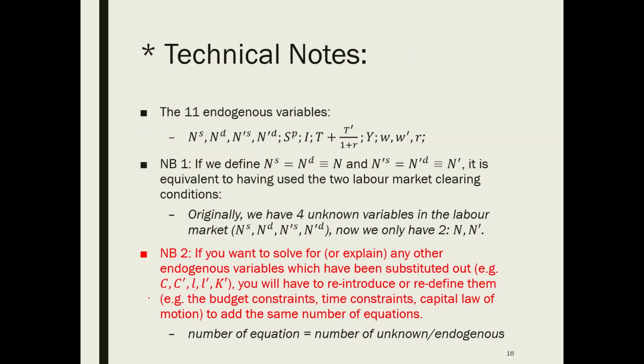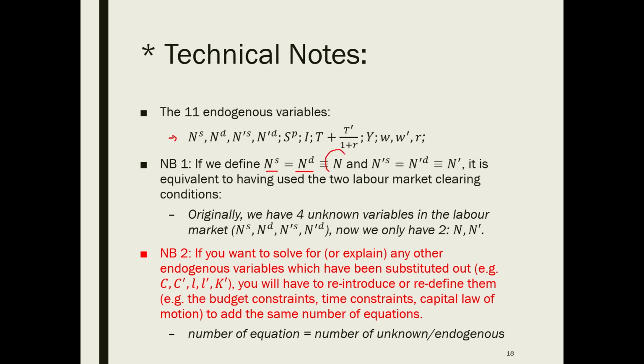Here are some technical notes for those who want to challenge yourself in mathematically solving the model. There are 11 endogenous variables or unknowns. If we impose market clearing conditions, or supply equals demand, then NS, the labor supply, is equal to ND, the labor demand.